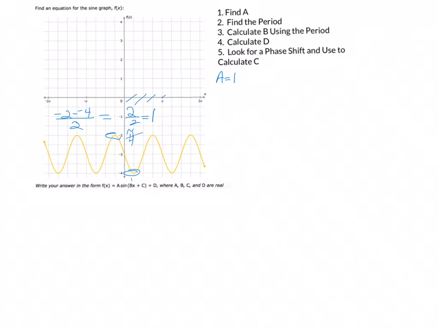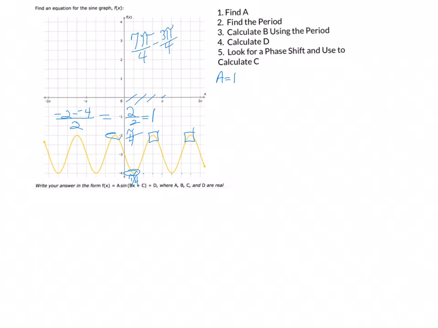So this one's pi over 4, 2 pi over 4, 3 pi over 4, 4 pi over 4, 5 pi over 4, 6 pi over 4, 7 pi over 4. So we're going to do 7 pi over 4 and 3 pi over 4. All right, so 7 pi over 4 minus 3 pi over 4.